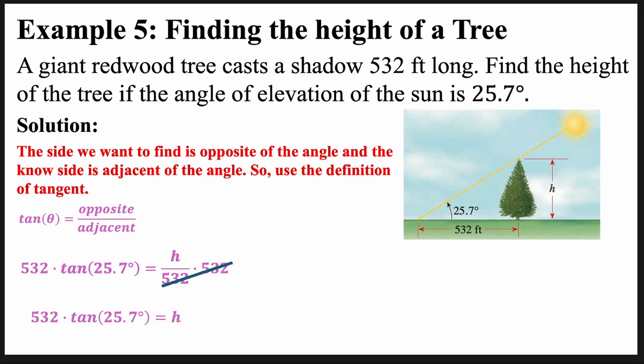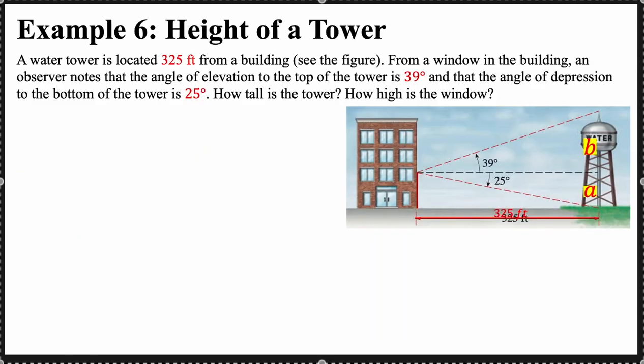H is going to be equal to 532 times the tangent of 25.7. Make sure your calculator is in degree mode. That simplifies into about 256 feet. So the giant redwood is about 256 feet.